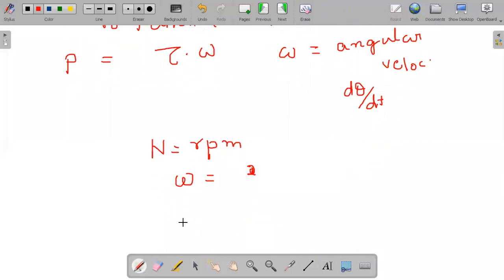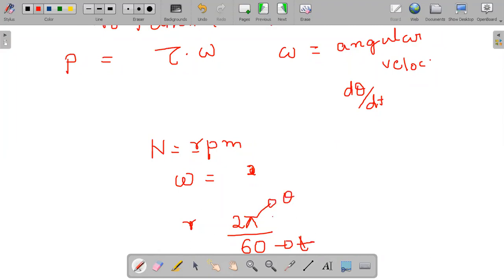n equal to rpm means rotations per minute. So in one rotation, how many angles are there? 2 pi radian angle होता है. And in 1 minute how many seconds are there? 60 seconds. ठीक है. This is time, this is theta.